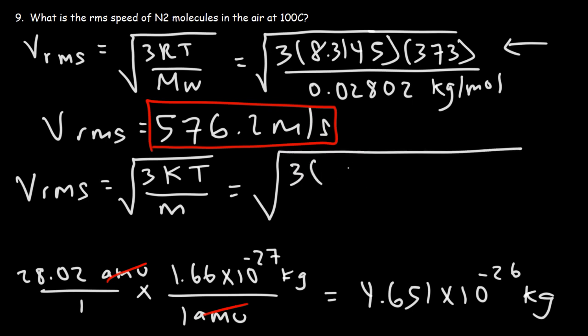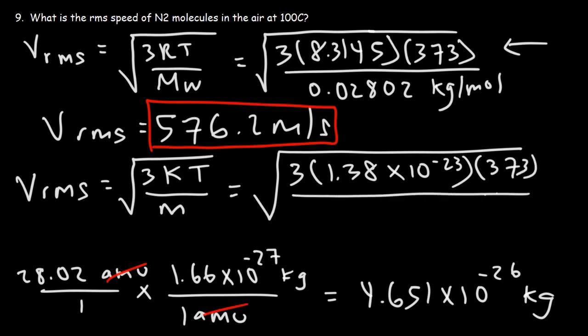So now let's plug in everything. Boltzmann's constant, which we used before, is 1.38 times 10 to the minus 23 joules per Kelvin. And the temperature is still 373 Kelvin. And then let's use a mass of 4.651 times 10 to the minus 26.